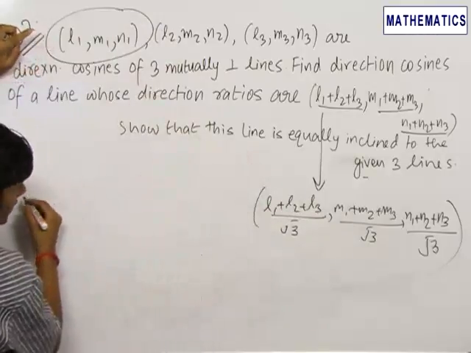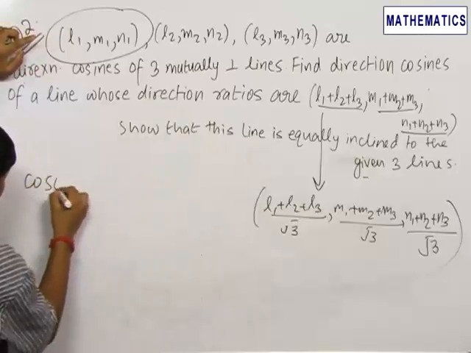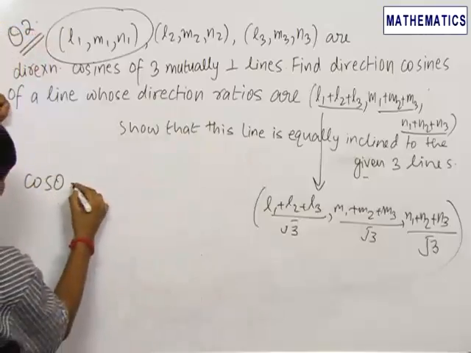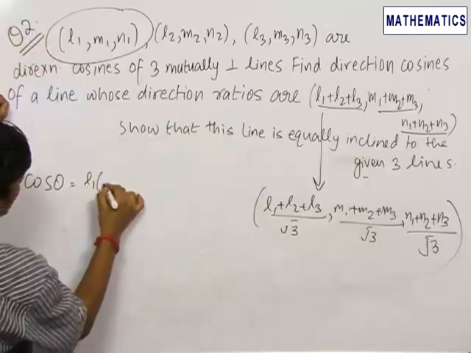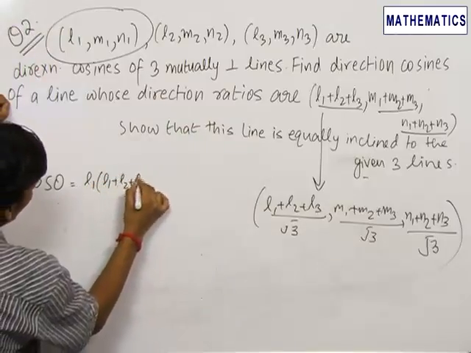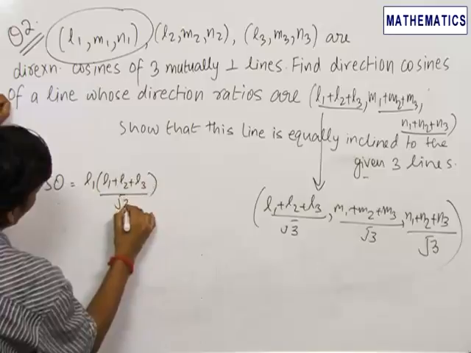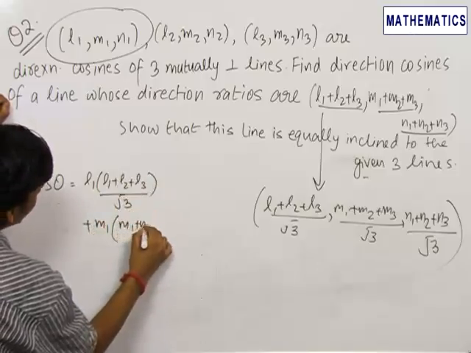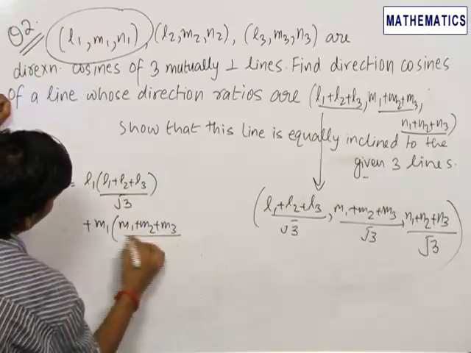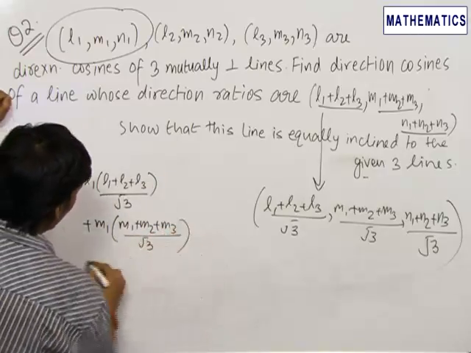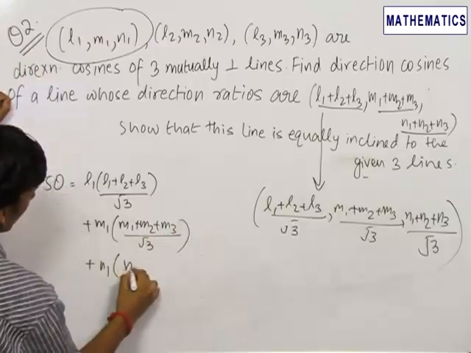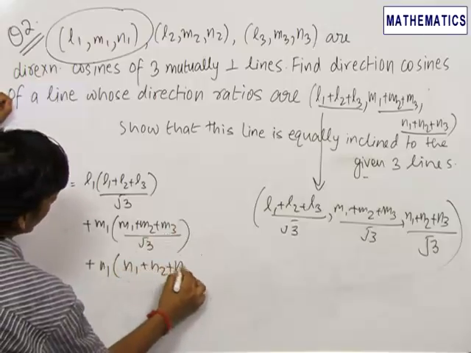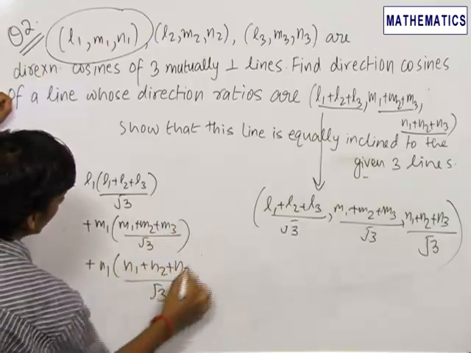Since they are direction cosines, we can write cos theta, where theta is the angle between the lines, to be equal to L1 into L1 plus L2 plus L3 upon root 3, plus M1 into M1 plus M2 plus M3 upon root 3, and similarly the third term, N1 into N1 plus N2 plus N3 by root 3.